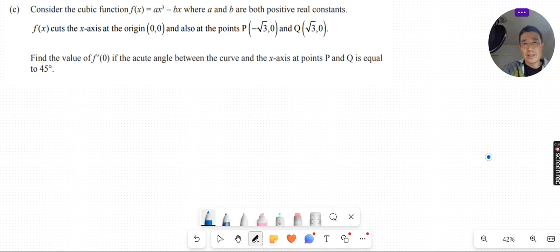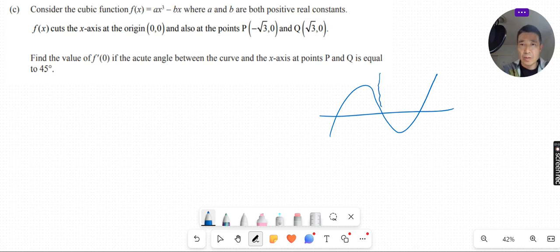So before we do that, I'm going to draw this graph, so it would be easier to understand. So this is the situation, right? This is the y-axis, x-axis, 0, and negative square root of 3 and square root of 3.